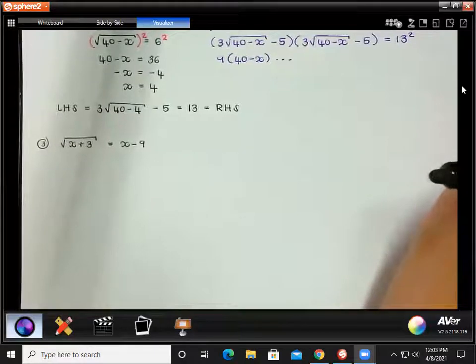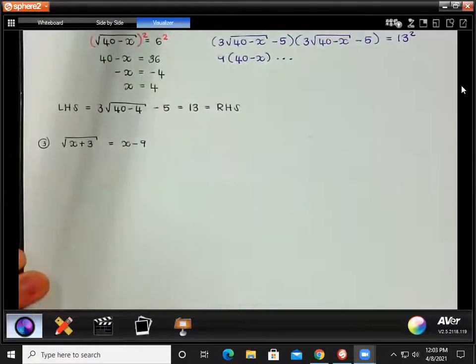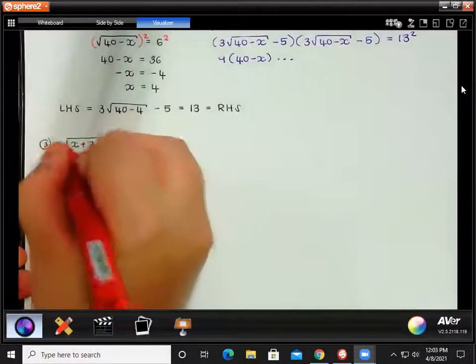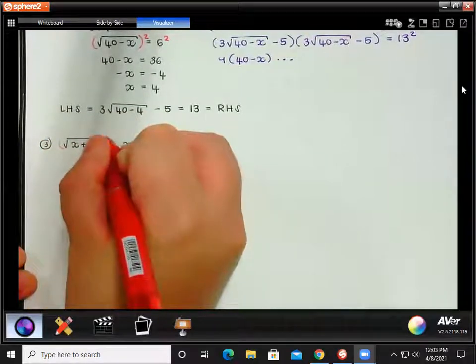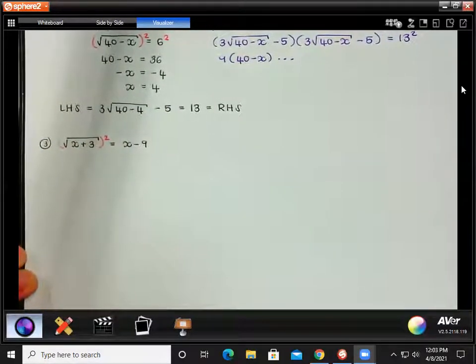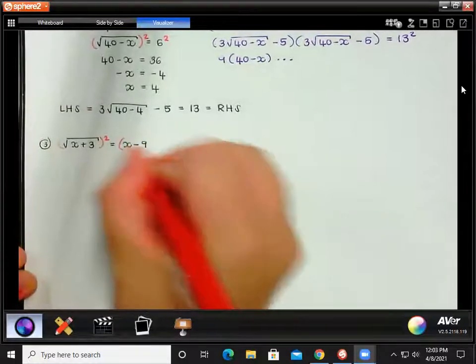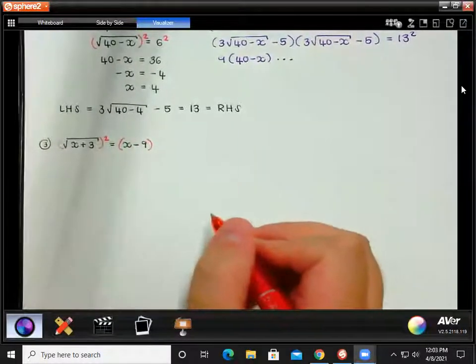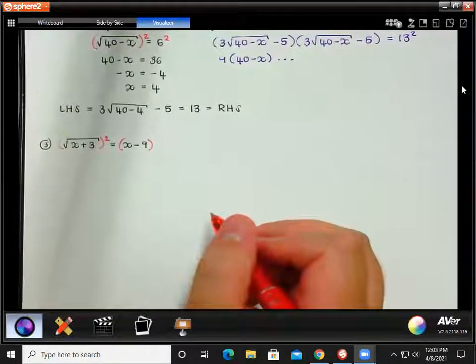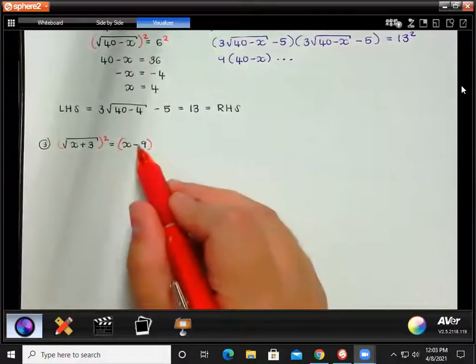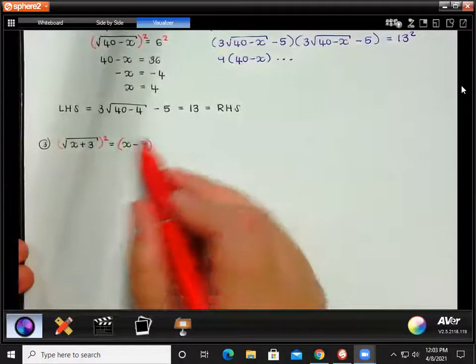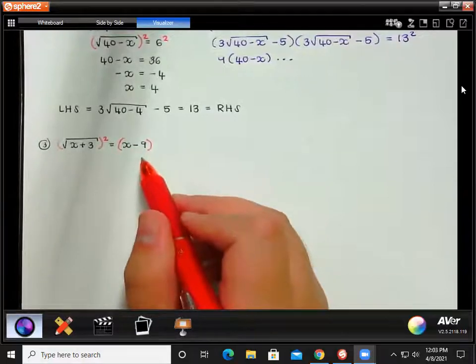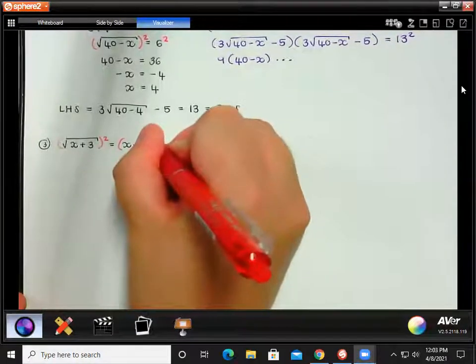So we can actually straight away square both sides. So let's do that. We put brackets around the surd and we're going to square it to cancel out that square root. And now, guys, you're squaring both sides, hey? You're not squaring specific terms. So because we have two terms on the right-hand side, we have to square both of them. So we have to put brackets around them and then square.